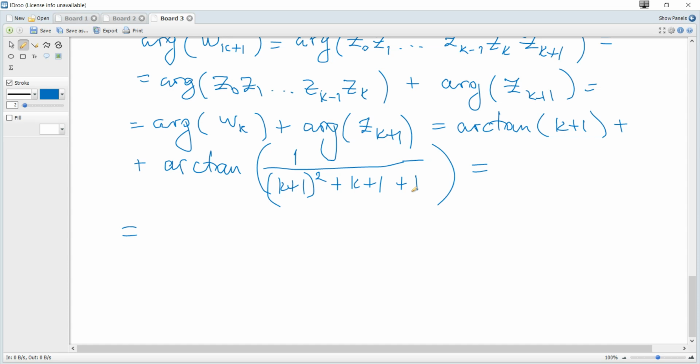And it's a hint actually, because we know what we must get finally. And it's clear that to simplify it, we should use the previous formula.